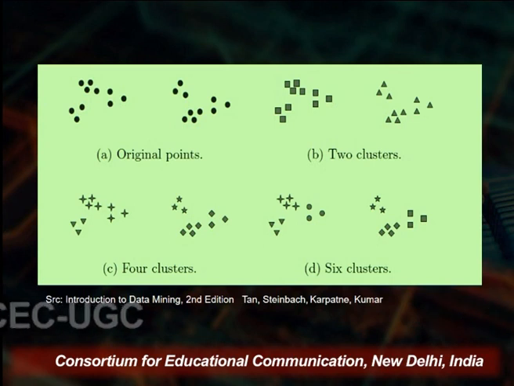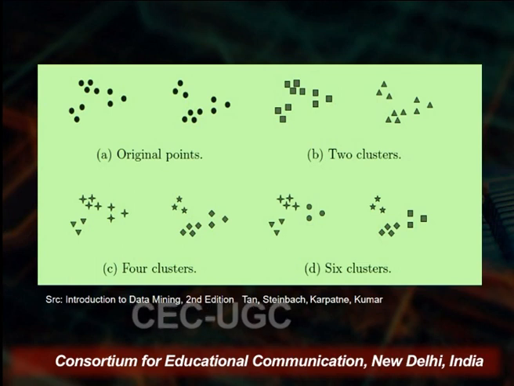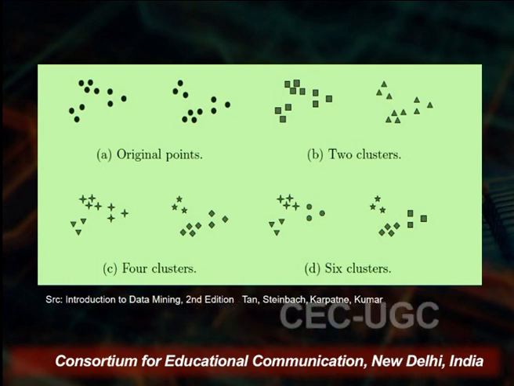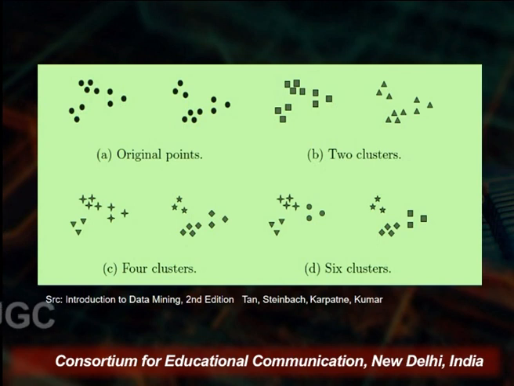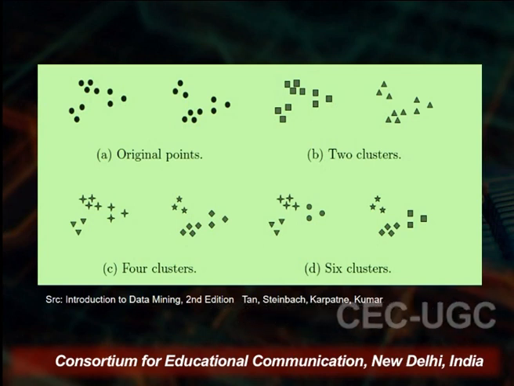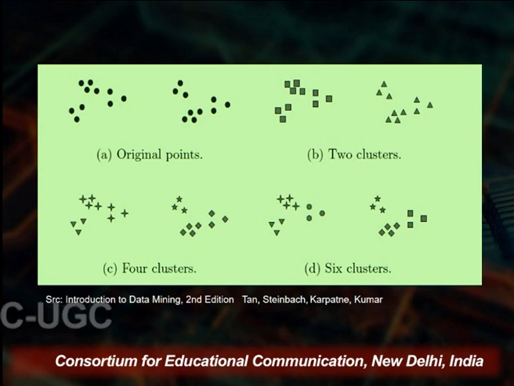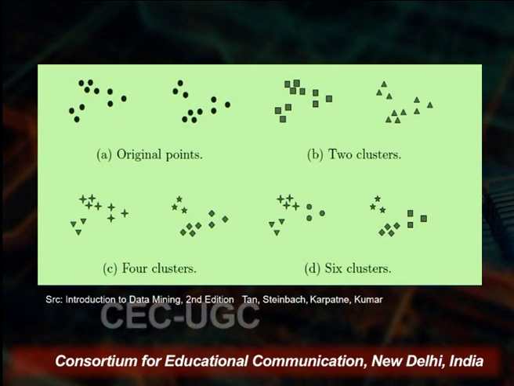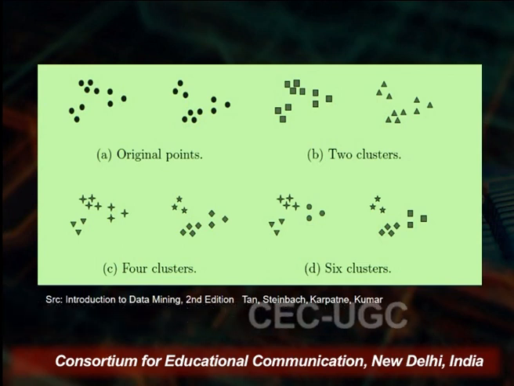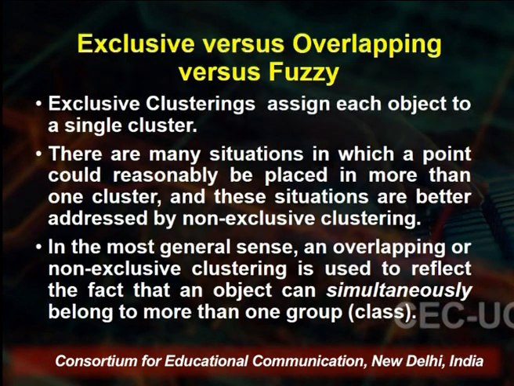So you understand that in figure D, the 6 clusters belong to the 4 clusters of C, and the 4 clusters of C belong to the 2 clusters of B, and the 2 clusters of B are part of the original points which we are seeing, right. So this is nothing but a hierarchical organization of the structure.